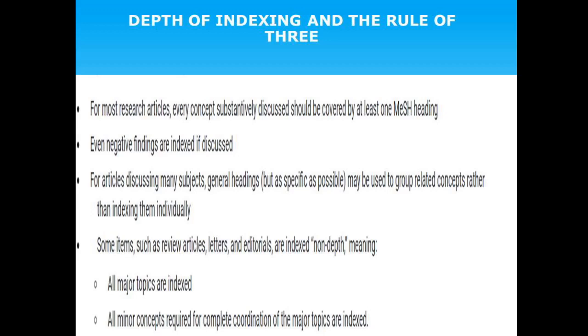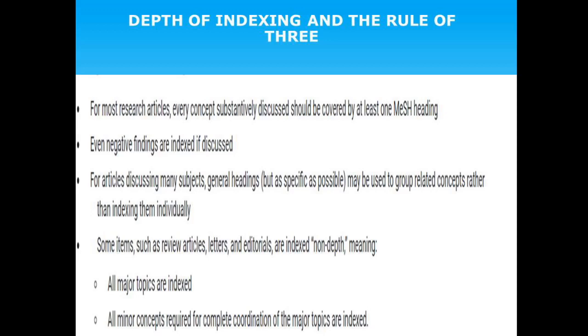So in most cases, you have to make sure that the article which you are going to index has at least one predefined MeSH heading. In most of the cases, it will be there. In some cases, you will not have. You cannot find words from MeSH headings. In that case, you can use similar headings.